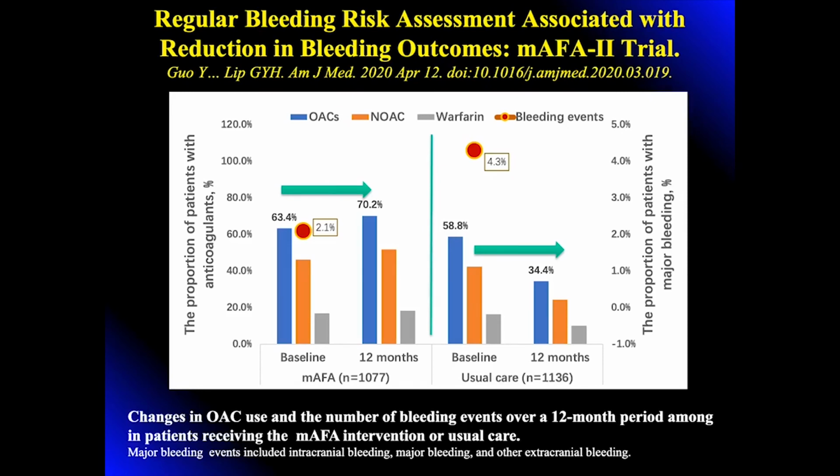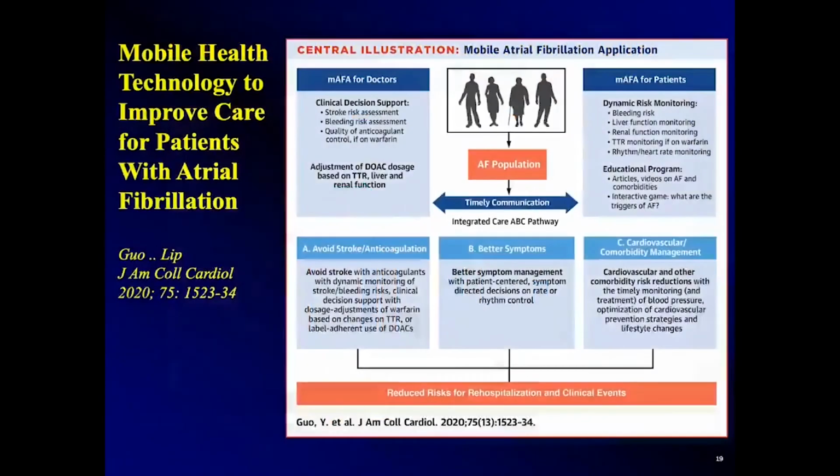So, proactive and appropriate use of the HAS-BLED score as part of an integrated care approach with the ABC pathway reduced bleeding events, usually by mitigation of the modifiable bleeding risk factors, and furthermore resulted in an increase in anticoagulation use in this cohort from a cluster randomized trial.